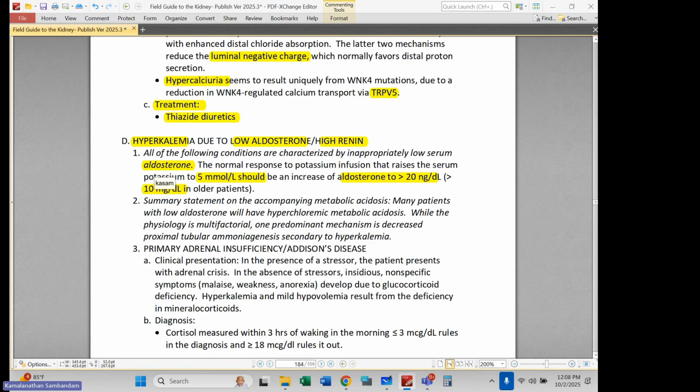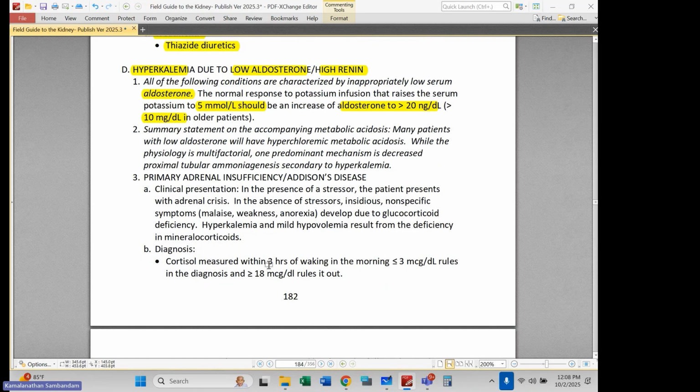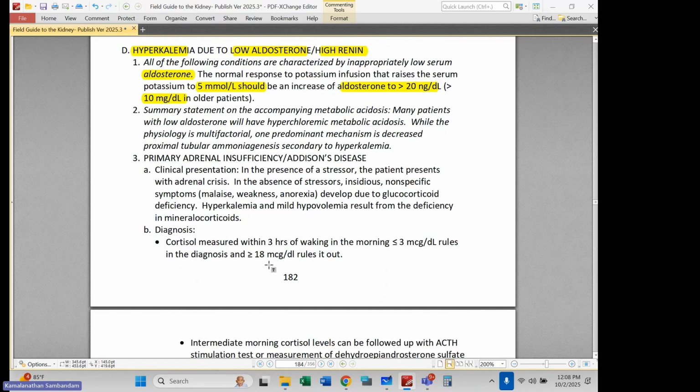So it would be abnormal to have an aldosterone level in the single digits when somebody is hyperkalemic, even though if you look on a lab report, it would fall in a quote unquote normal range. So keep that in mind as you interpret values and assess cases of hyperkalemia.